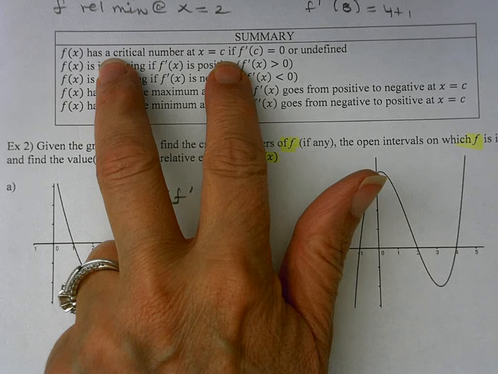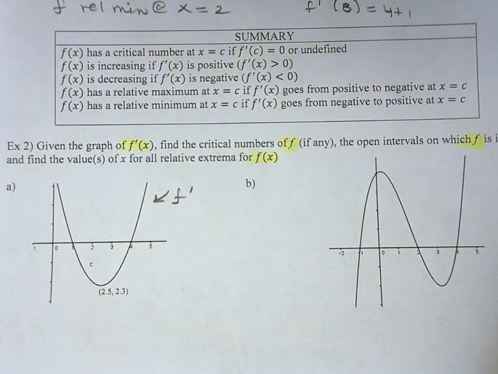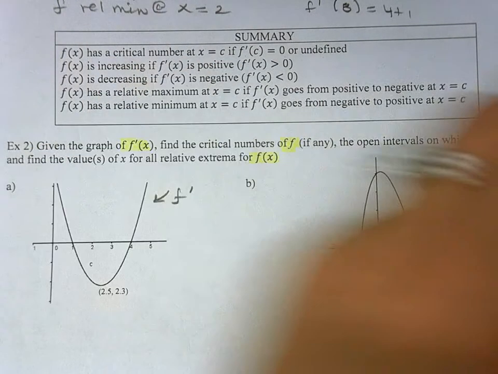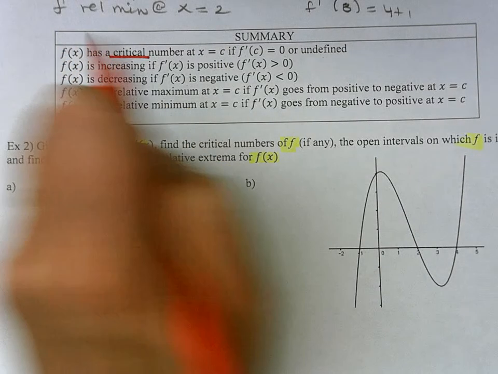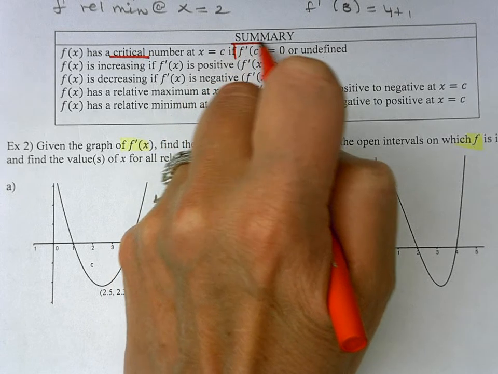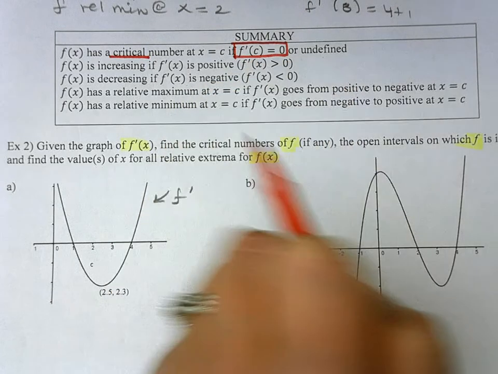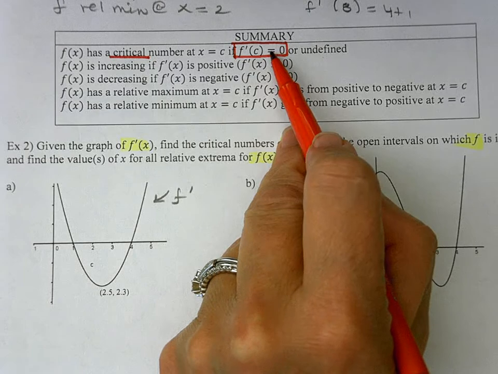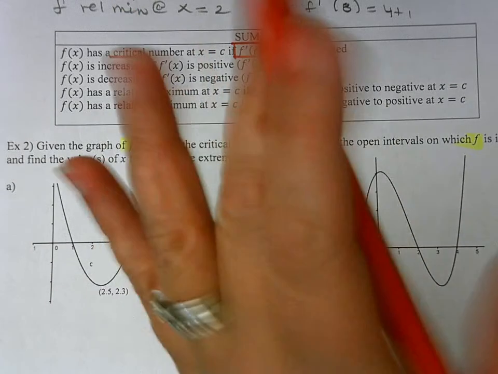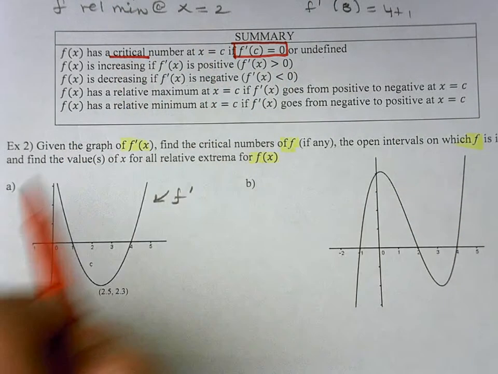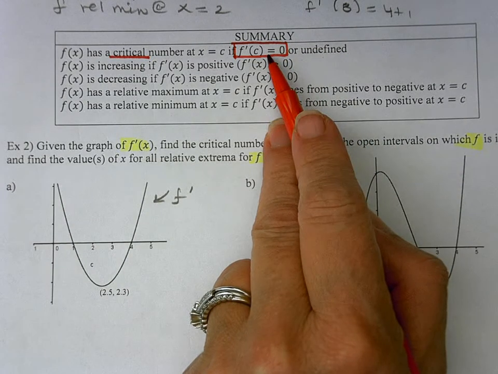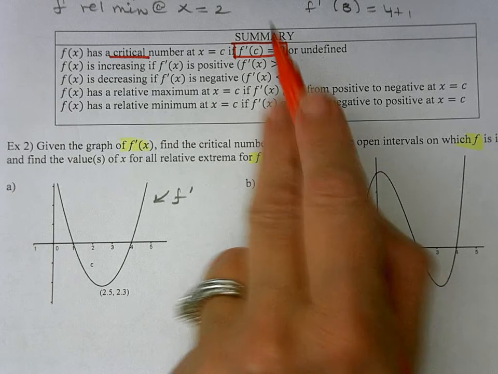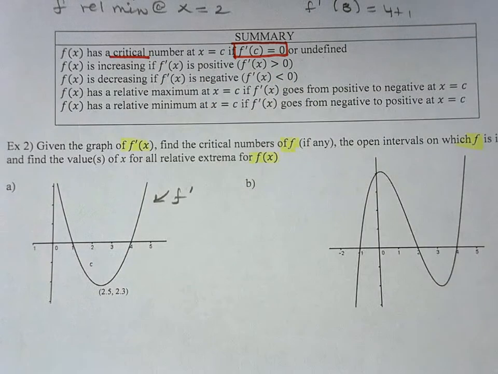And so the definition says that if you're going to look for a critical number for f, then you have to know where f prime is either 0 or undefined. So when I say that f prime is 0, that's what you need to be focused on. You're not looking for critical numbers, you're looking for where f prime is 0. And that result will give you the critical numbers. So you have to kind of read that definition backwards.